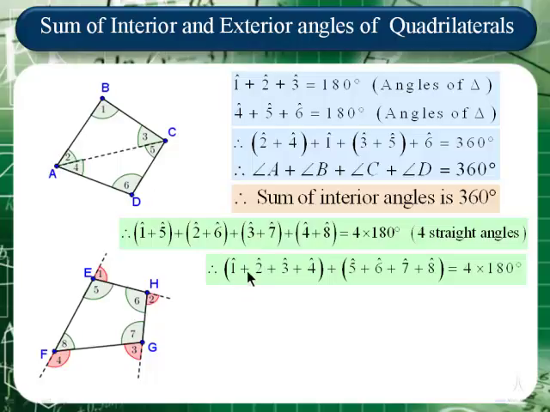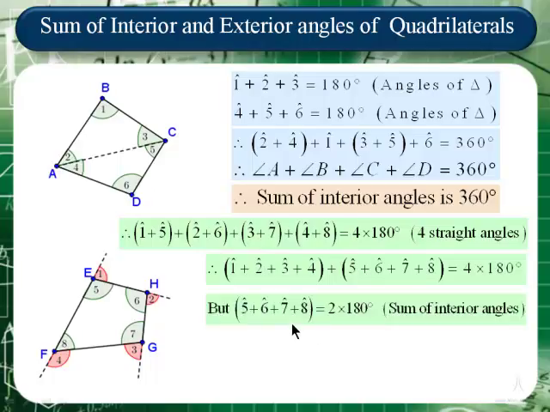So I put all the exterior angles together and all the interior angles together. Already we know that the sum of the interior angles, namely angles 5, 6, 7 and 8, is equal to 360, or twice 180. So I can replace that particular sum of angles 5, 6, 7 and 8 by 2 times 180.